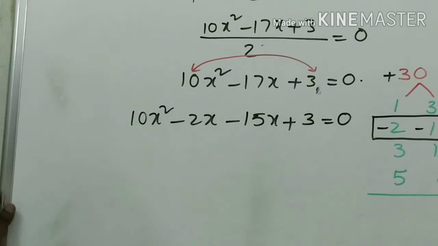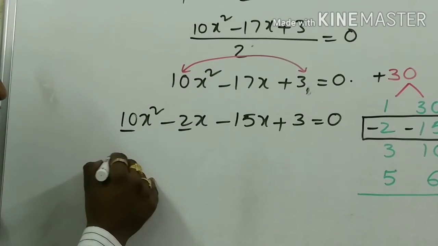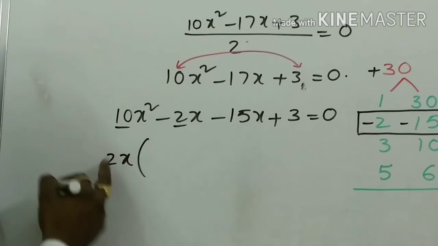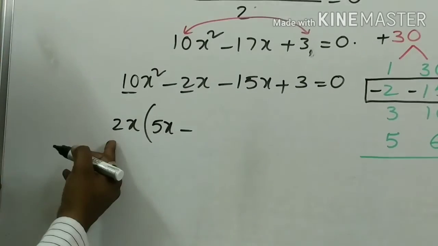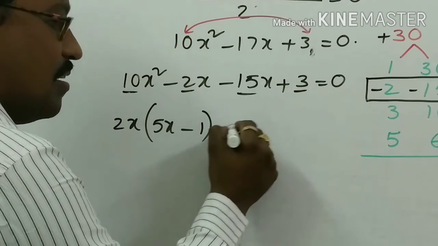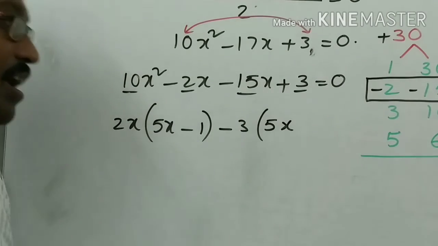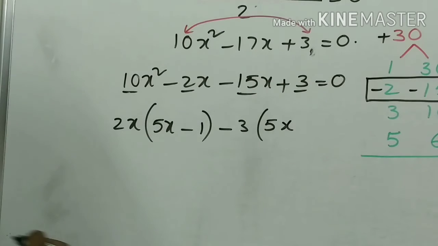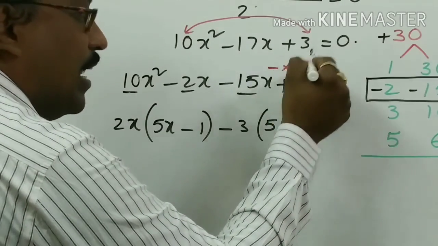is equal to 0. Now from 10 and 2, 2 is common; from 10, 2 common, 5x, 2x entire thing is common, 1 is left. From 15 and 3, 3 is common, 3 5s are 15. And here you see plus is there. From plus I took minus, since plus is nothing but minus into minus.